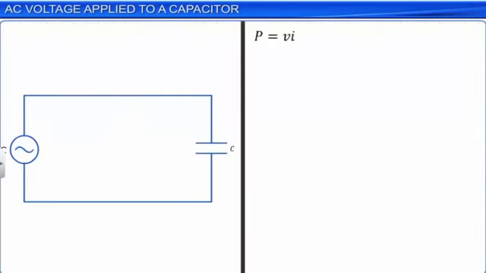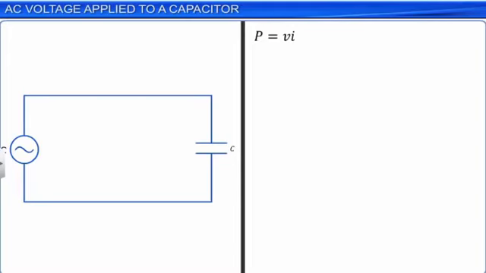Let us now look at power dissipation through the capacitor compared to resistance. The instantaneous power supplied, P, to the capacitor is the product of voltage with current through any circuit element.